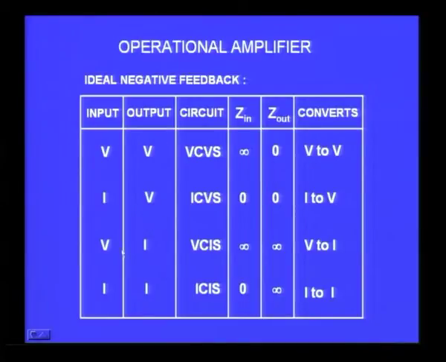The third circuit is a V at the input, I at the output, it becomes a voltage controlled current source, and it will have infinite resistance at the input corresponding to voltage, and it will have an infinite resistance at the output corresponding to a current source, and therefore it becomes a voltage to current converter or V to I circuit. The last one is basically a current controlled current source, and it will have 0 input impedance and very high output impedance, and it becomes a current controlled current source.